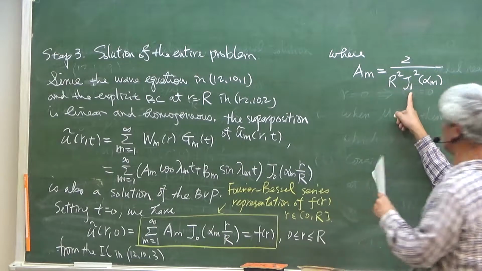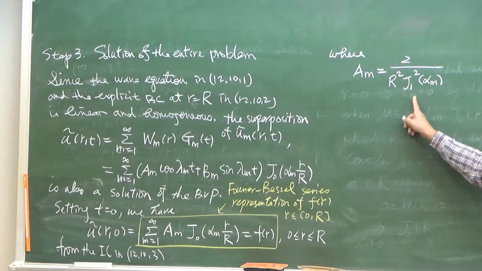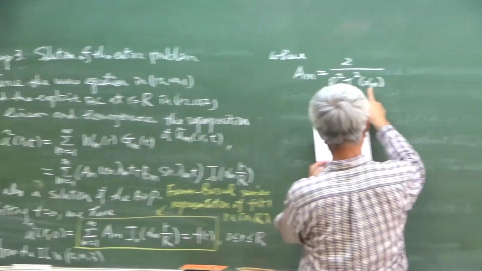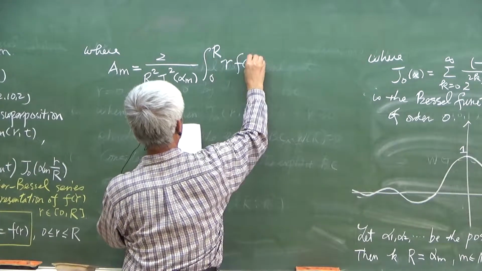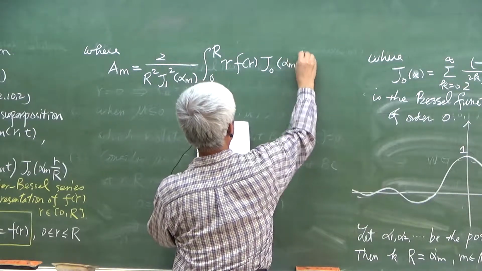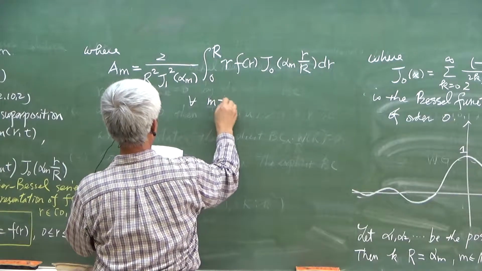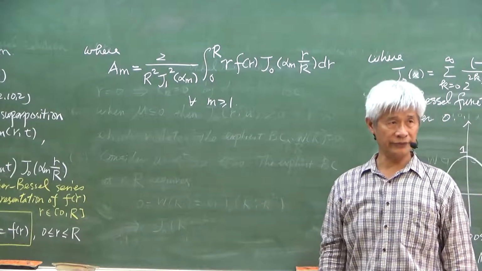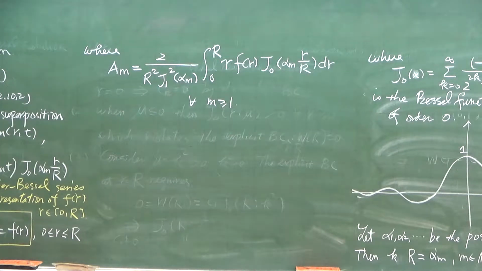So it requires information about the Bessel function of the first kind of order 1, J1. We need J1 to compute this value. Right, so now we know how to find a_m, the coefficient. So a_m can be determined by the initial displacement.